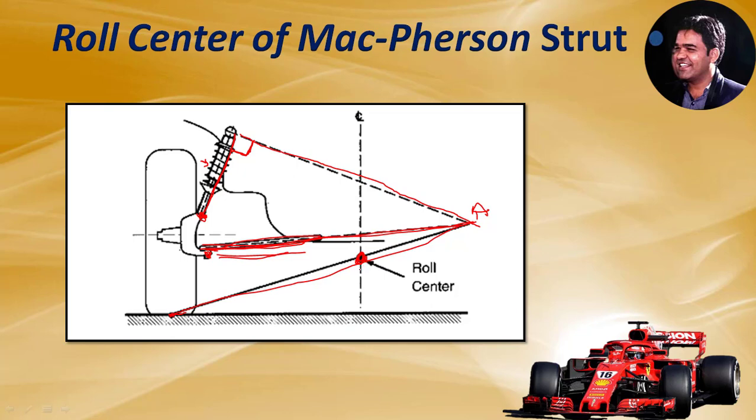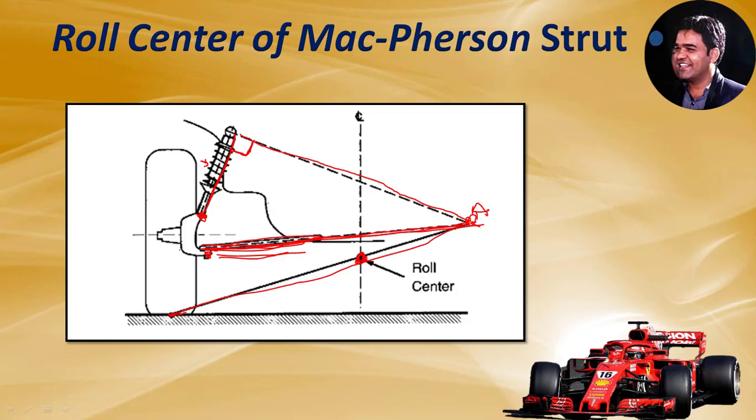Again, I am repeating: to identify the roll center for the MacPherson strut type, first you need to define the instantaneous pivot point for the suspension. How can we define the instantaneous point? We need to extend the line from the lower arm, then extend the line which is exactly perpendicular to the strut, and where these both lines intersect is the pivot point about which this suspension will swing.